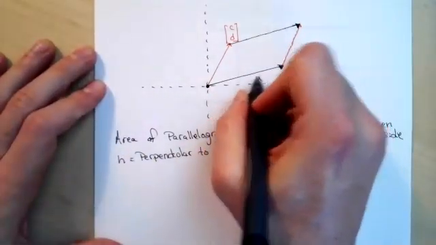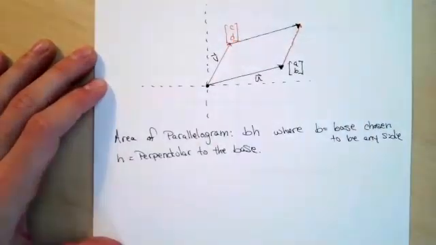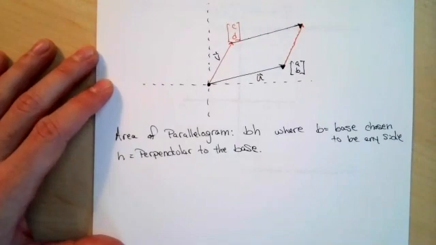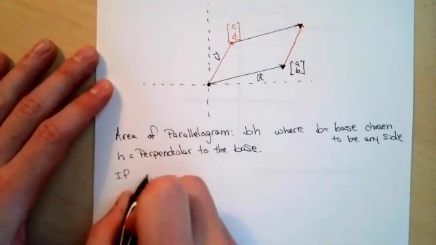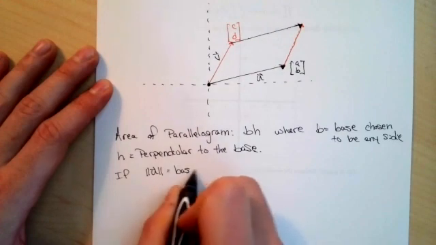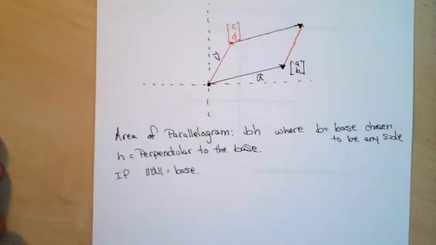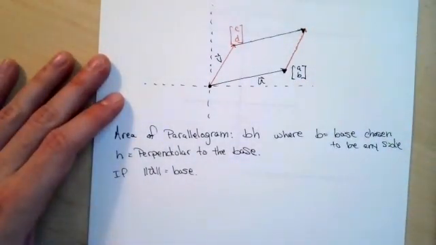So again, let's call this guy our U. Let's call this guy our V. So if we take the length of U equal to our base, so our U is going to be our base. The length of u, of course, will give us the size of the base. The question then is, well, how do we find the height?